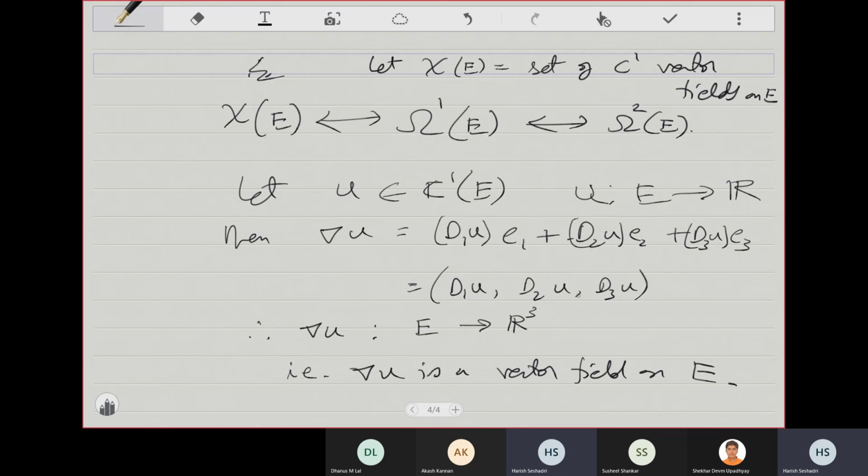That would mean the original function should be at least C2, not C1 of E. If I just start with U in C1 of E, I know that partial derivatives are continuous, so the gradient of U would be just a continuous vector field.